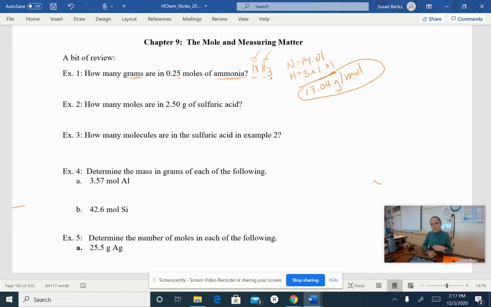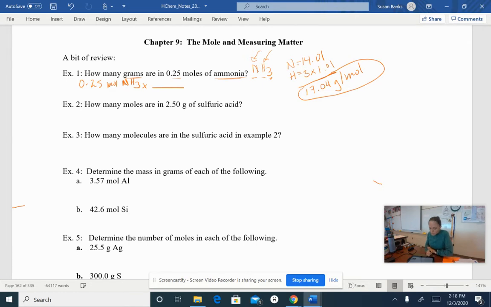I can use it to go from grams to moles or moles to grams. Today on this example, I want to go from moles to grams. So we're going to use our unit analysis like we used a bit ago. I'm going to start with the number that is given here. I have 0.25 moles of ammonia, NH3.